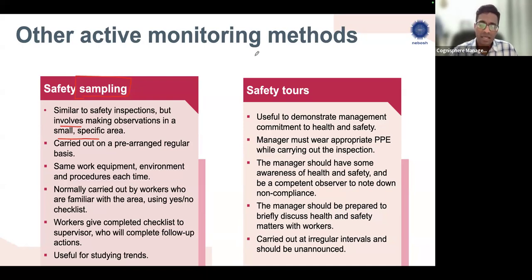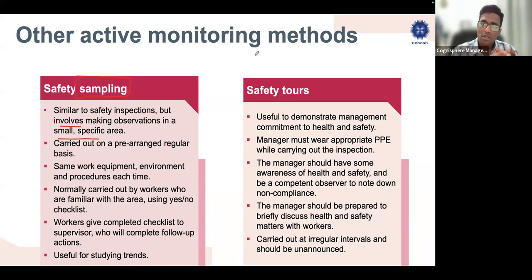Second is safety sampling. As part of sampling, I take a reasonable sample. Let's say there are 200 extinguishers in this building, and I take a sample of, let's say, 10% or 20%. So out of these 200, I randomly inspect any 30 fire extinguishers.